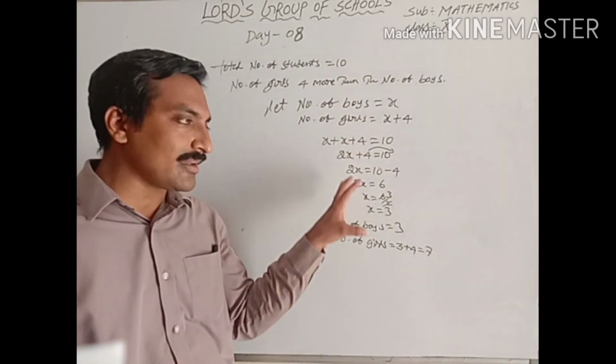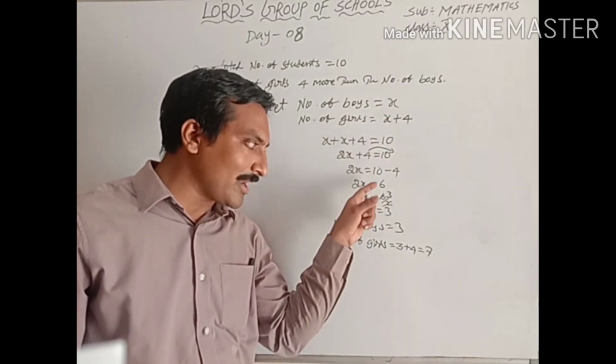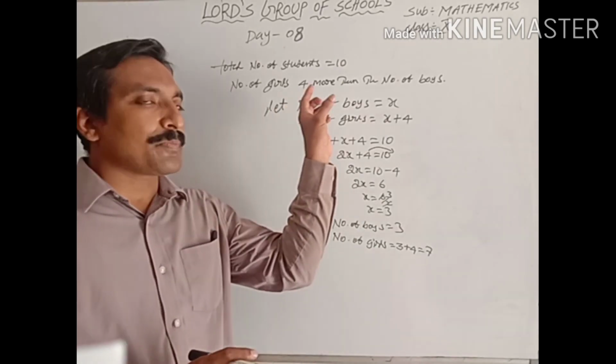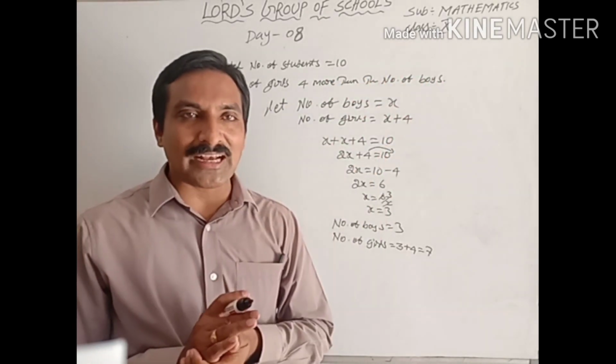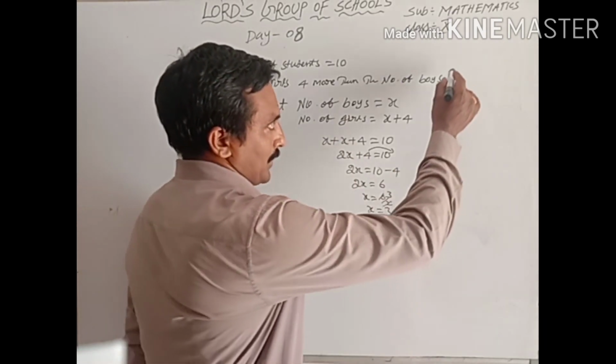This way of solving selects only one variable. But if the question asks you to express the equations through two variables, how do we find it?